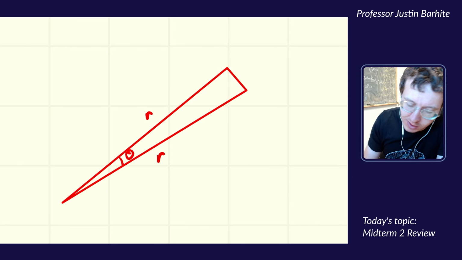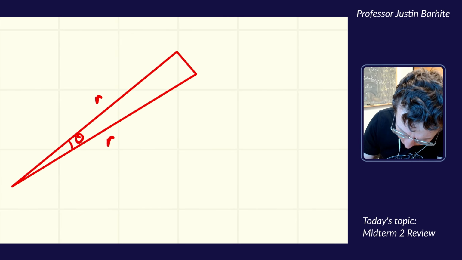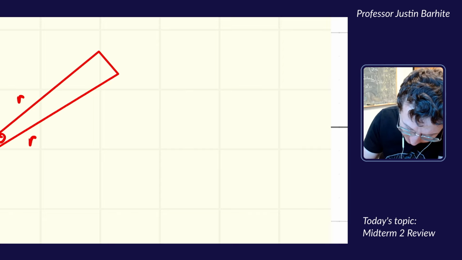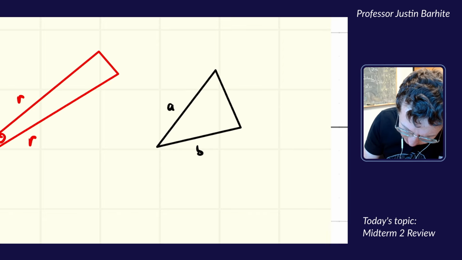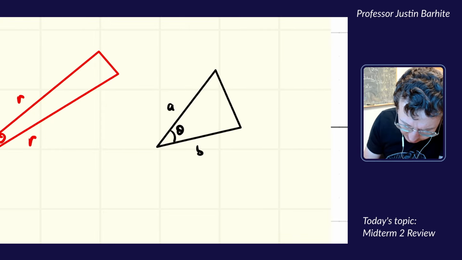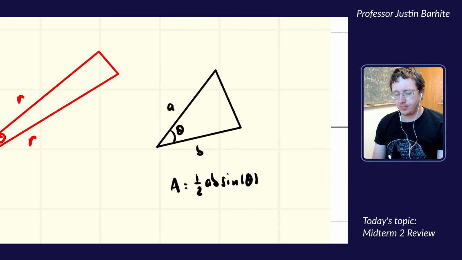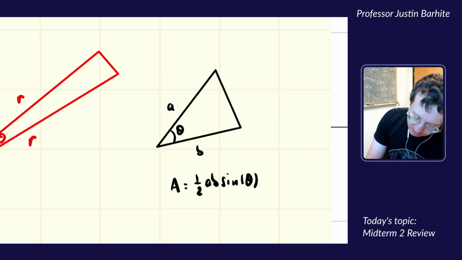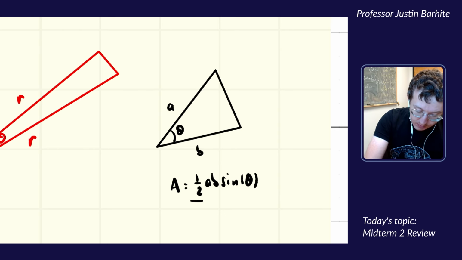And where the 1/2 comes in is that there's a formula for the area of a triangle. If you have any triangle, and if you know 2 of the side lengths and the angle between, the area is 1/2 AB sine of theta. If you do this with a right triangle, this becomes the familiar formula 1/2 base height, because the sine of 90 degrees would be 1.